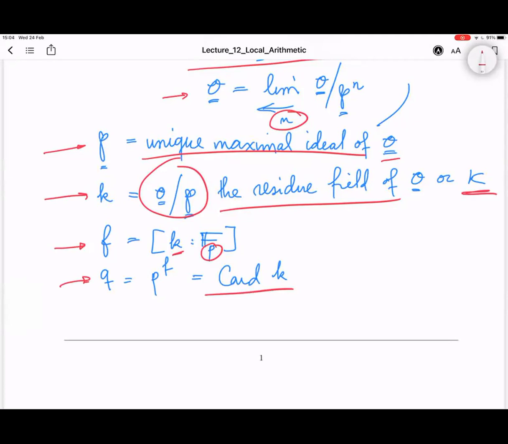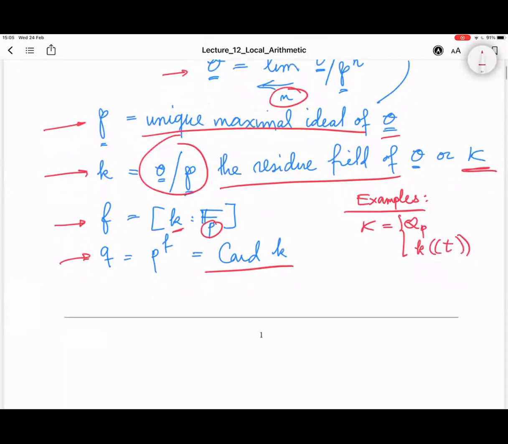So that's the notation. As we have said, there are two main examples. K could be Qp, or it could be k power series T. So these are just examples.